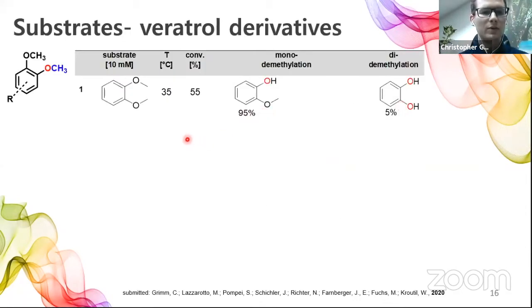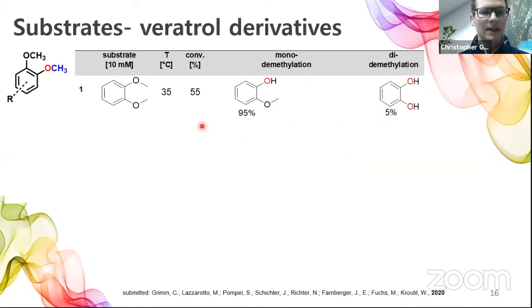So, my researcher also investigated a lot of different kinds of substrate scopes. First of all, veratrole is accepted with 55% conversion, leading to guaiacol mainly. So there we also have a mono-selective demethylation going on, as well as very tiny bits of double demethylation.